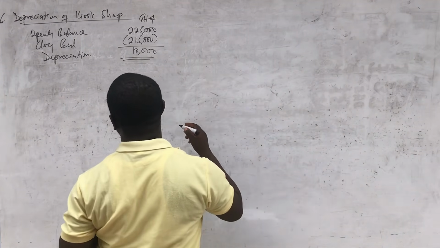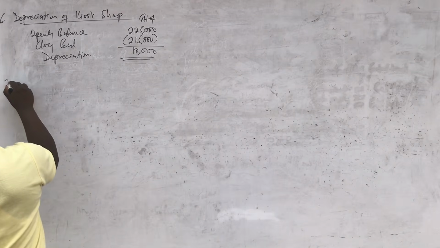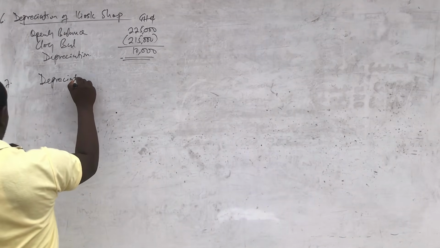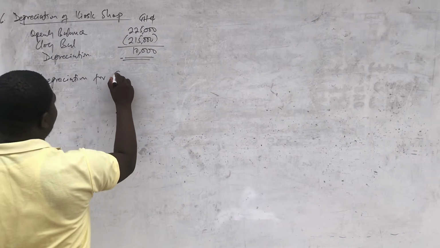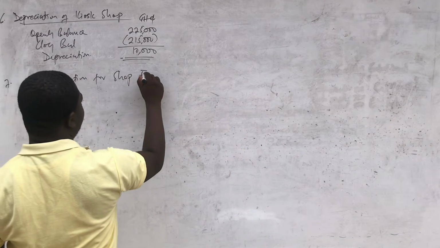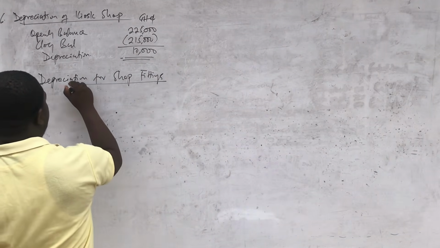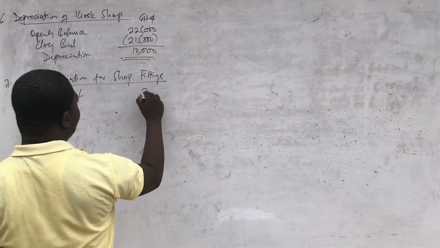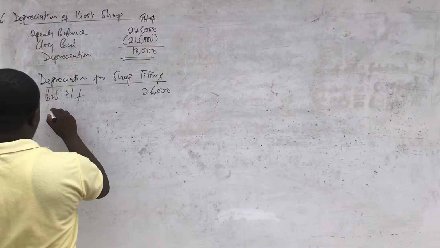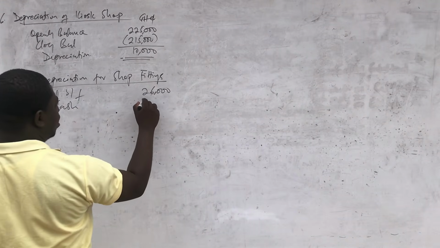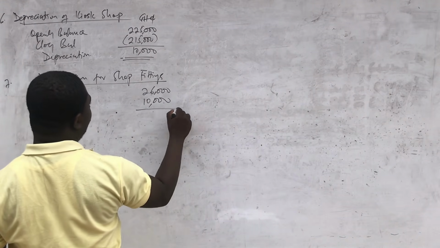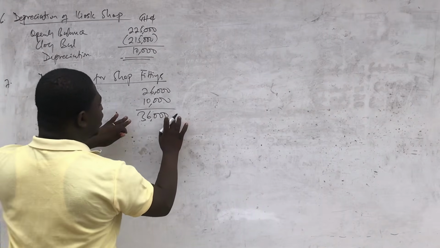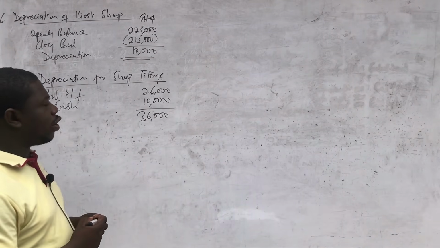Okay, so to get the depreciation for shop fittings, you have to factor the opening balance. So the balance brought forward is 26,000 and there was an acquisition of 10,000 cash. So we bought more. So it means our value should be 36,000. So this is the value that we are now going to compare with the closing balance.